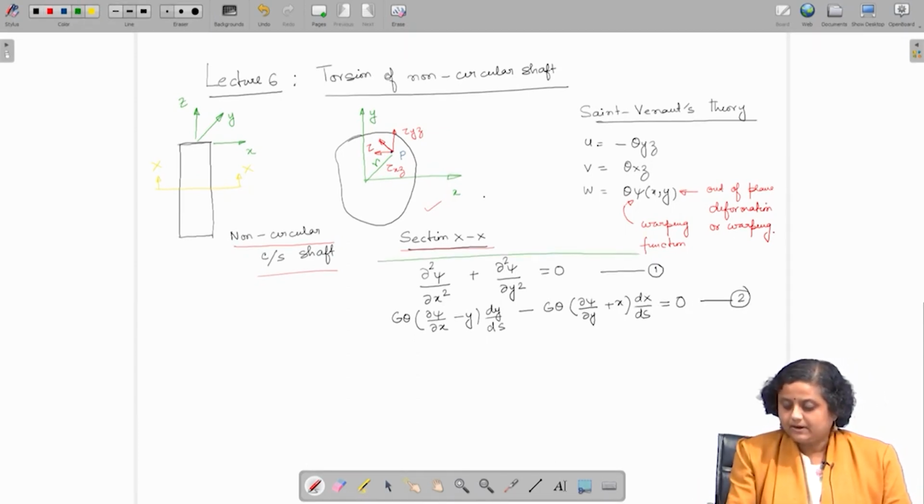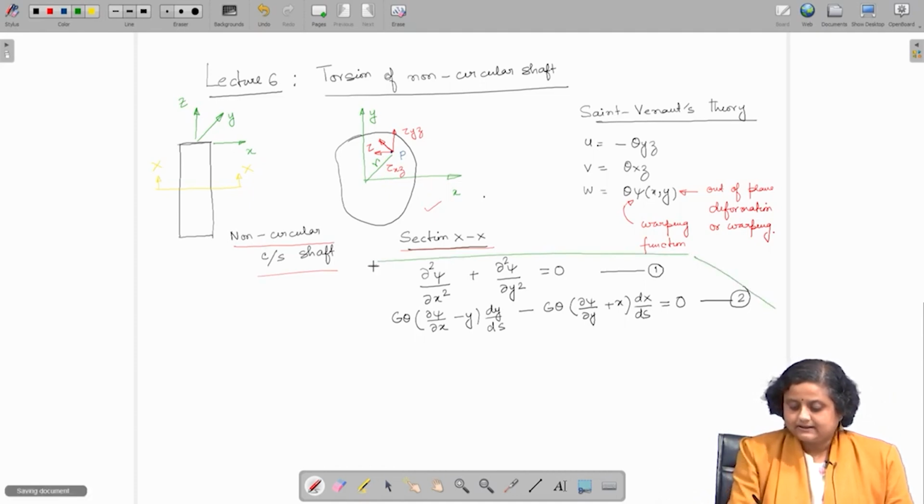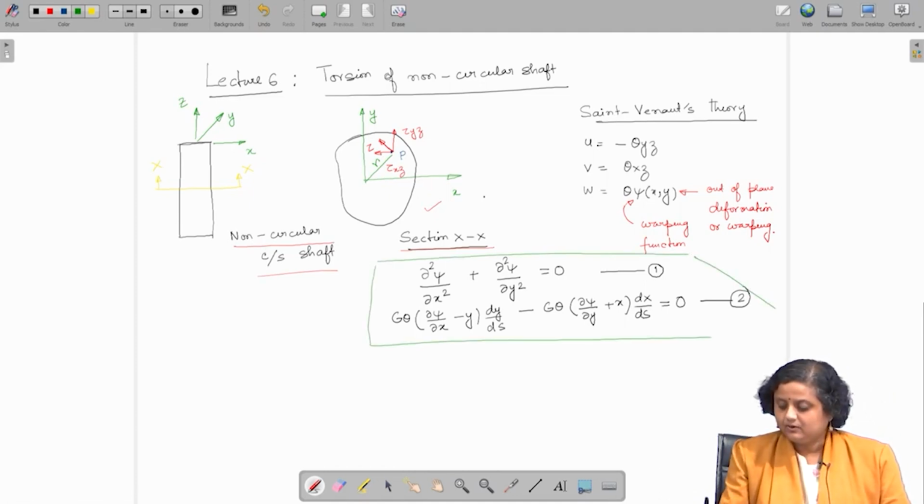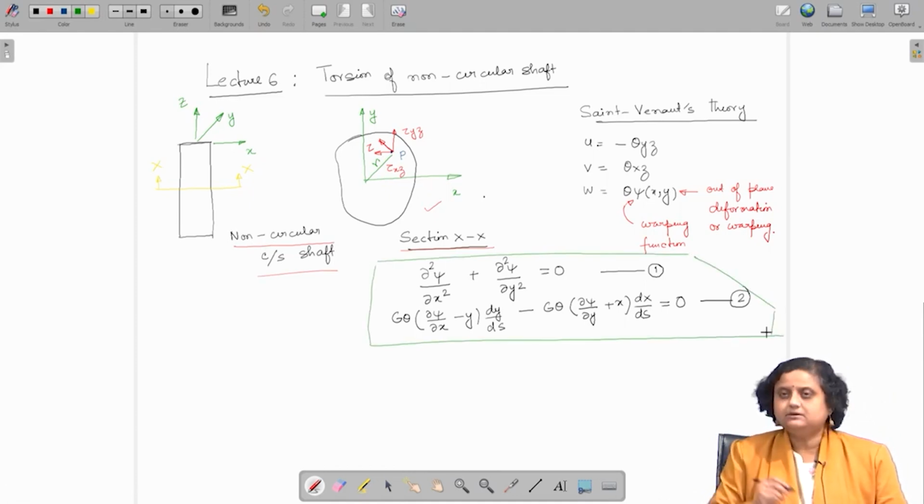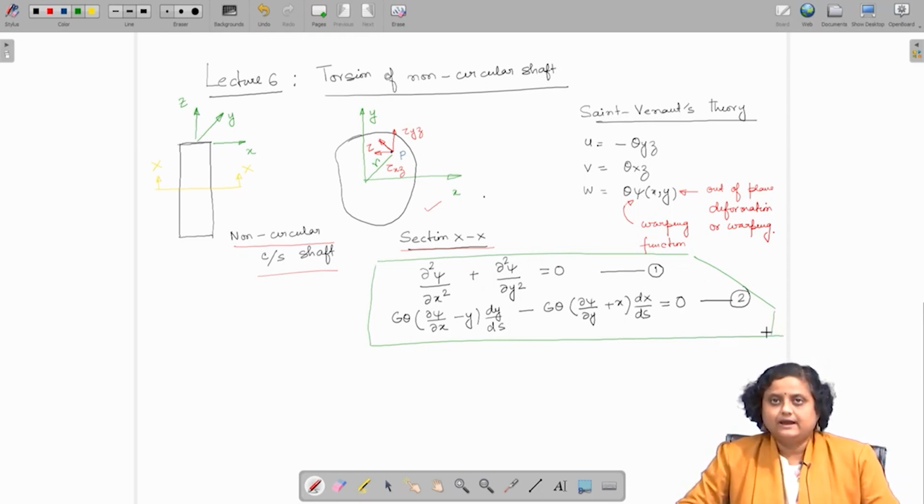So, in summary, we can say that in order to implement Saint-Venant's theory and find out the displacement field and thereby the stress and strain in a non-circular cross-section shaft, we need to find a warping function psi which is going to satisfy criteria 1 and 2.